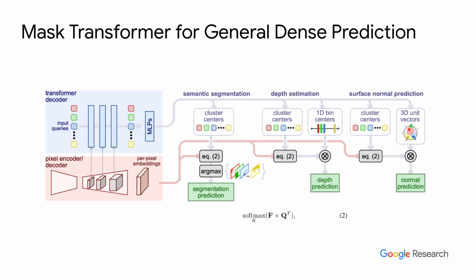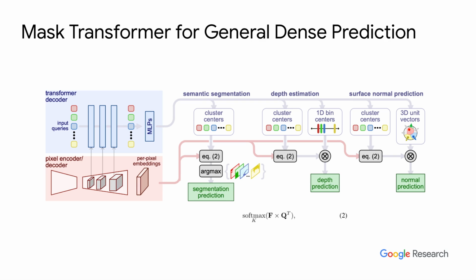Now, here is the overview of our proposed PolyMaX architecture. We propose PolyMaX to unify the dense prediction tasks with the mask transformer framework, where cluster centers are used as an intermediate representation. The mask transformer framework contains two paths.